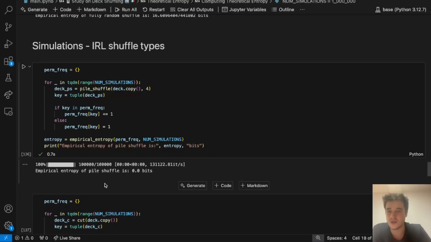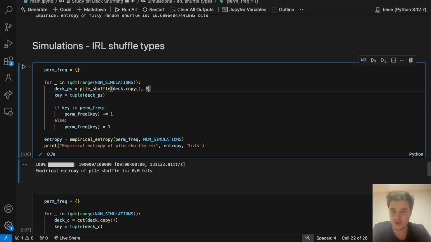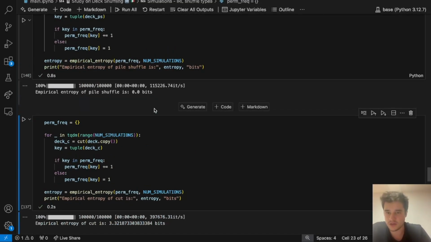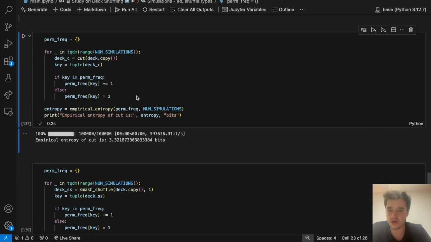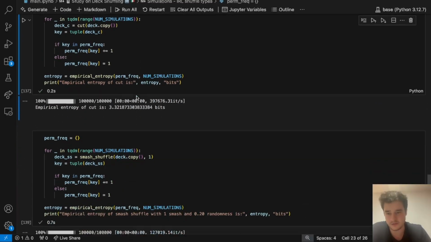And I've heard pile shuffling is actually forbidden at Worlds, because it's not random and that's how people stack. And in fact, this also confirms how entropy works. If something is 0, it means it's not random, right? So pile shuffling is not random regardless of how many piles. Here we have 4, if we put 8, it should still be 0. It's truly not random.